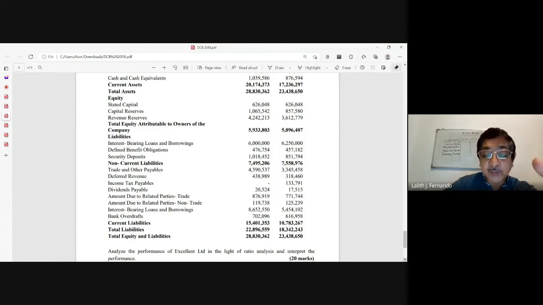Even though we need to do only the ratio analysis and the relevant interpretation, you will get 20 marks if you do it correctly. You can see the easiness of that, and it's a sure one. If you do the correct things, you will get the full marks. But you have to do the analysis correctly.